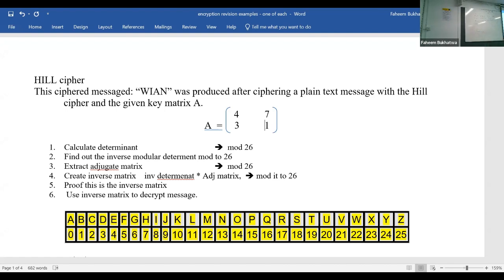Oh, if you didn't get 9, plus 26. That's minus 16 minus 7 is 9.